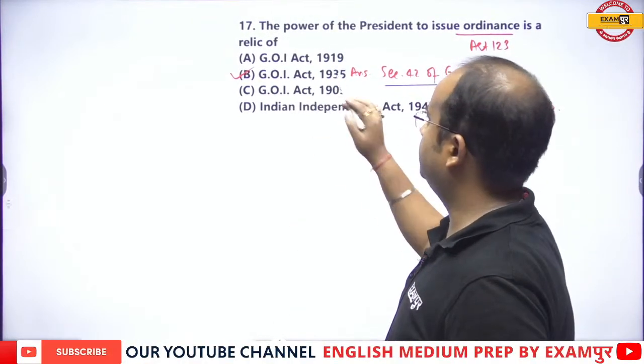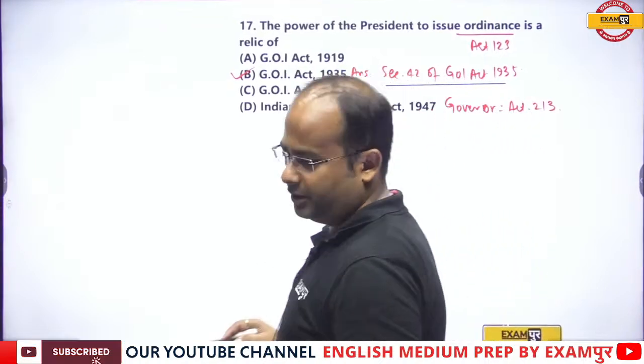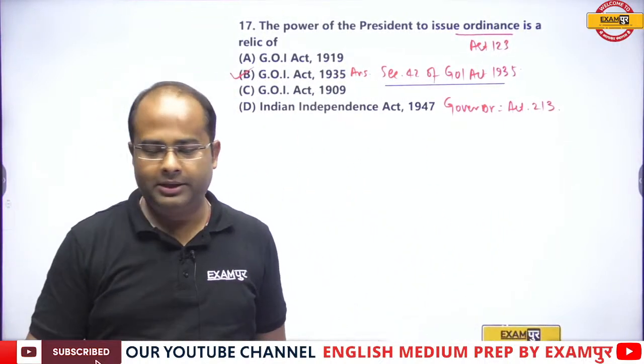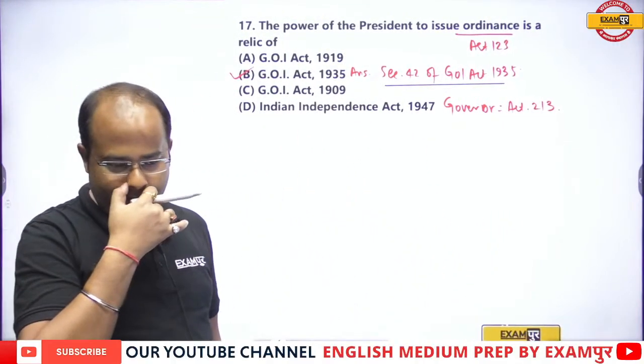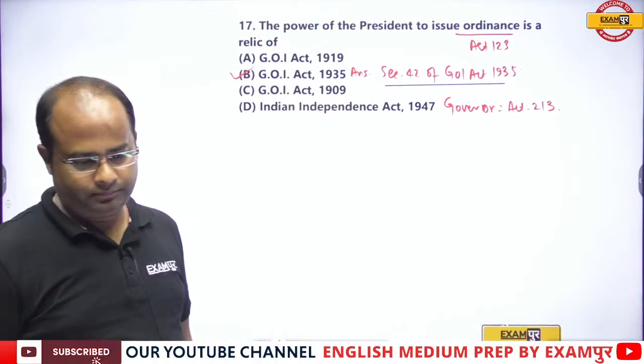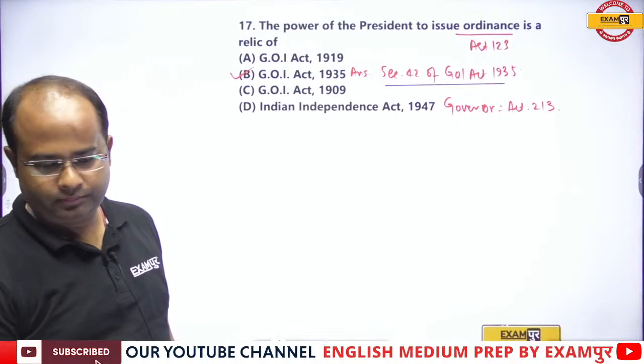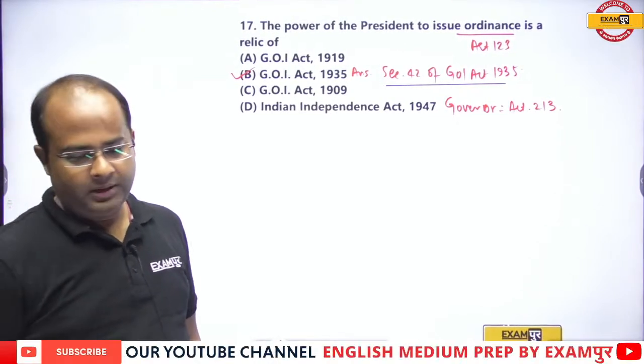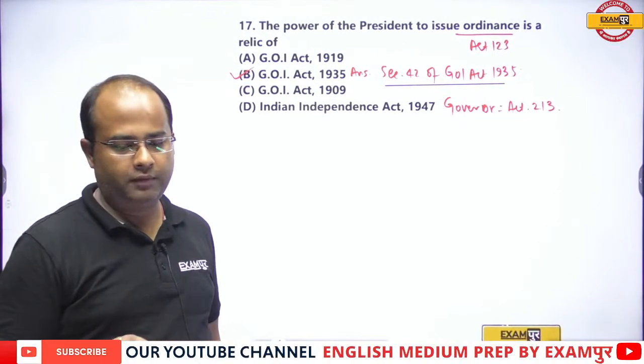So the correct answer will be, guys, option B, Government of India Act 1935, mentioned in Section 42. I hope it is clear to everyone.